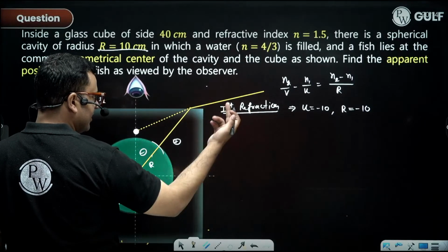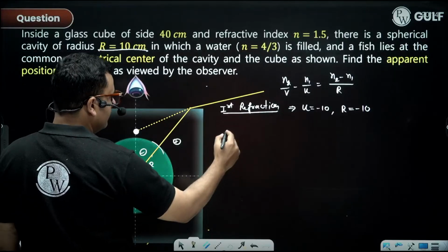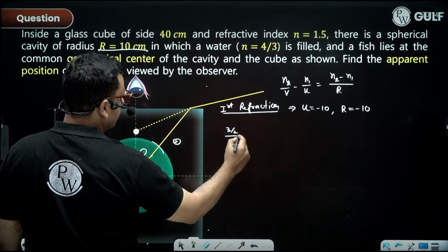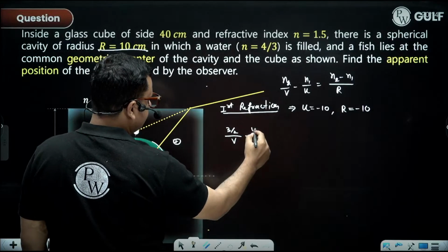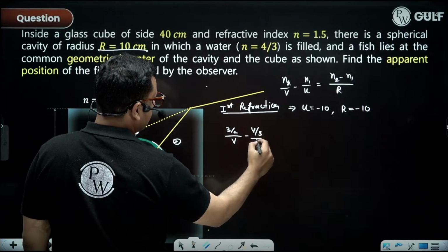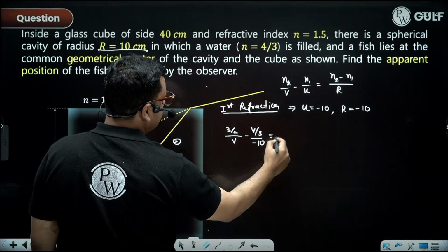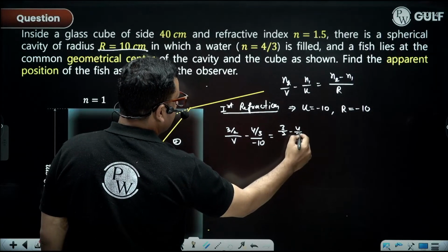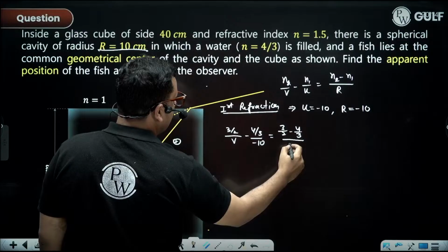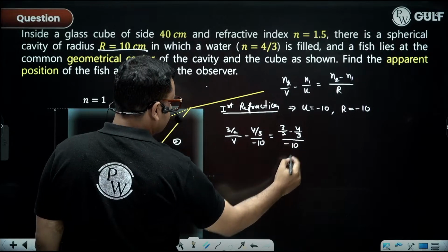N2 is the refracted ray medium, which is 3 by 2. V we need to find out. Minus N1, which is 4 by 3, upon U, minus 10. Equals 3 by 2 minus 4 by 3 upon R. R is what? Minus 10.